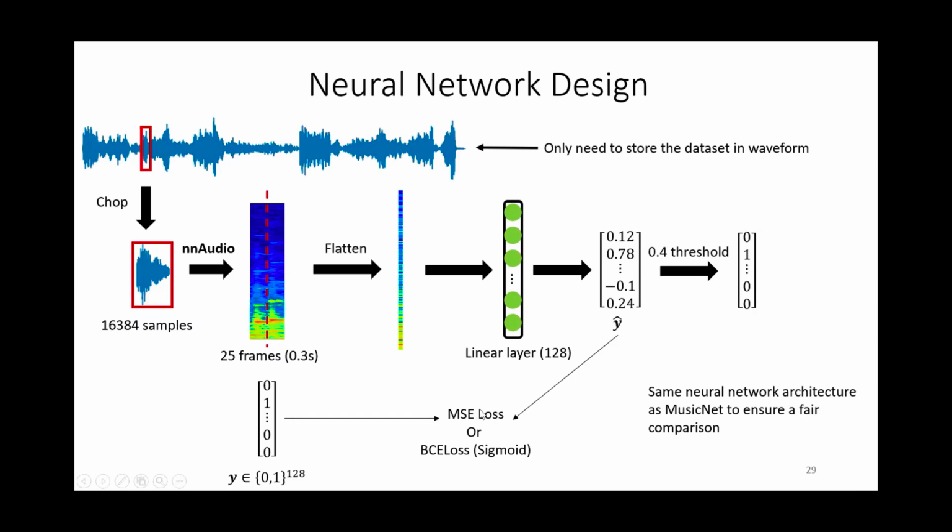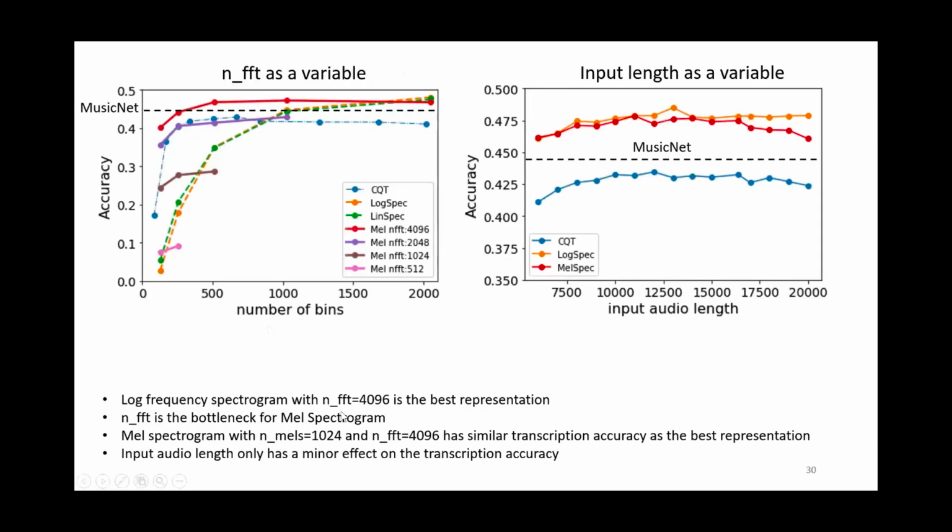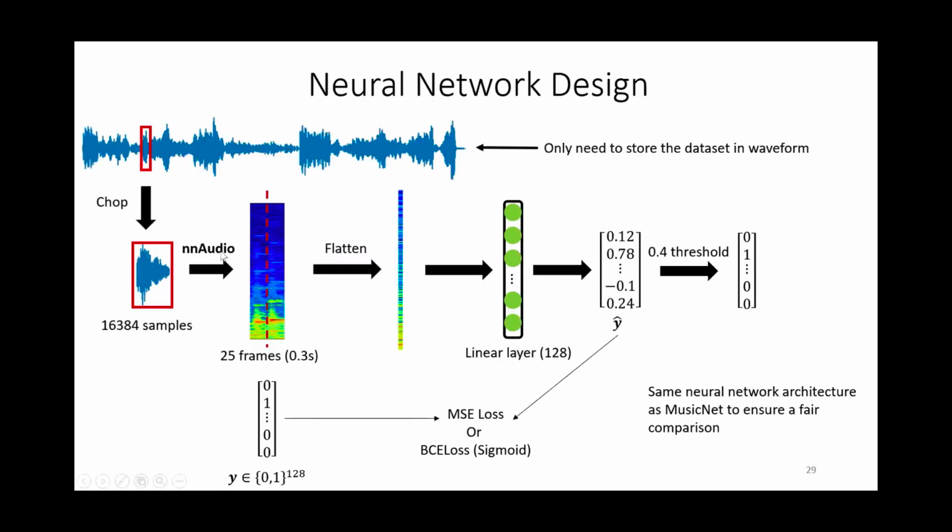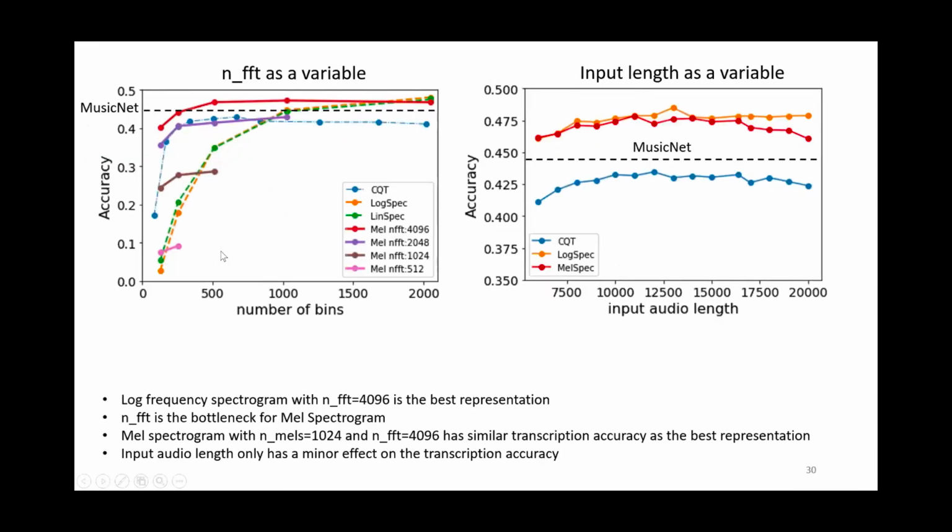And we apply the loss between this output and also the original label, either by MSE loss or BCE loss. So when using nnAudio, because you don't need to do any pre-processing, what you need to do is just to change this layer. So we can easily explore different types of spectrograms and also different parameters to see which spectrogram gives you the best result.